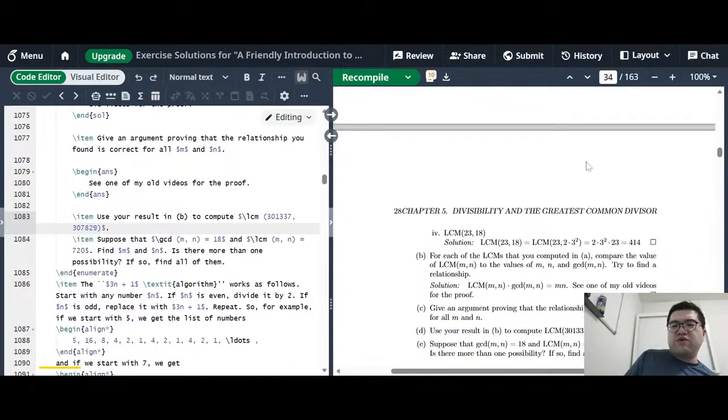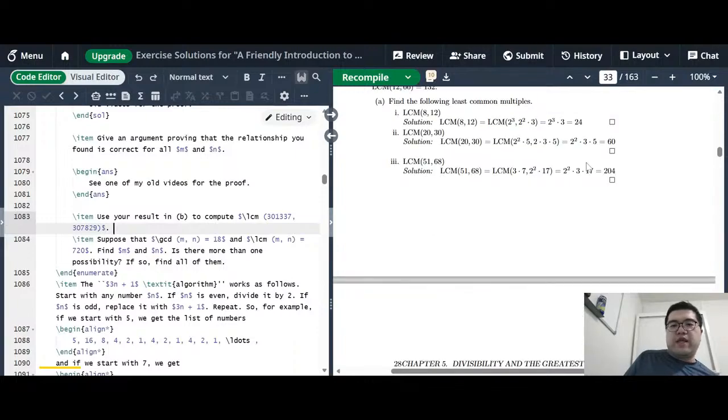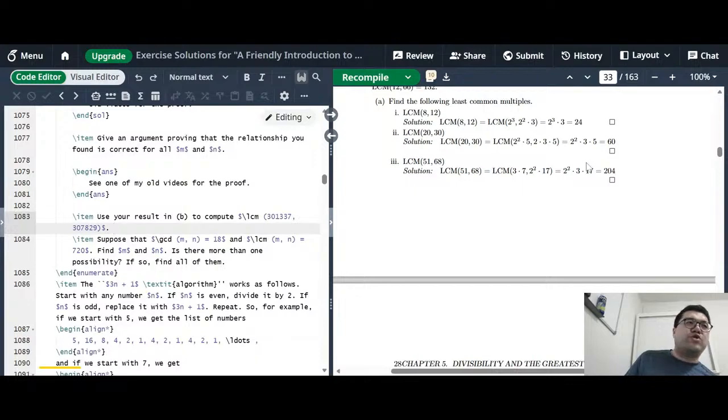If we try to use the method we did in part A in this problem, we see that what we are doing is breaking the numbers into prime factorization, and then pulling out the prime factors with enough power or enough degree in order to get the results.